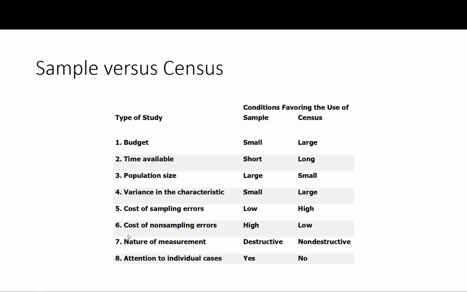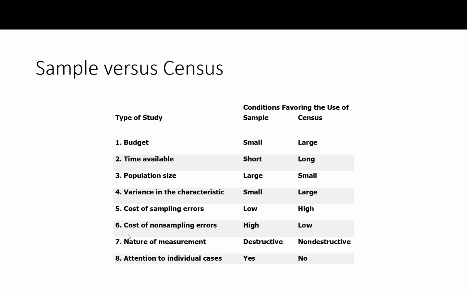Whereas if you simply needed to get 200 people's opinion on same-sex marriage, that is a smaller sample and therefore the budget is smaller. How much time do you have available?